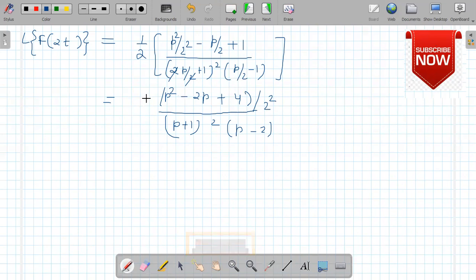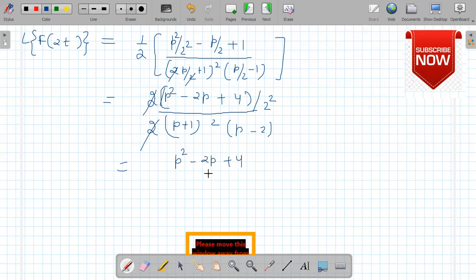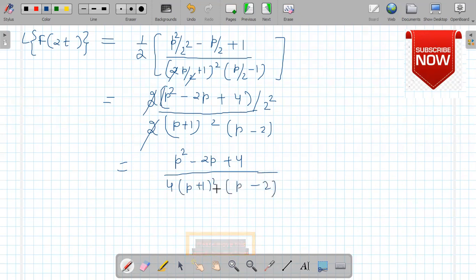The denominator 2 will get multiplied with this expression, and this 2 remains as it is, so they will cancel each other, and this 4 will come in the denominator. So it is just a matter of simplifying the expression, nothing at all.